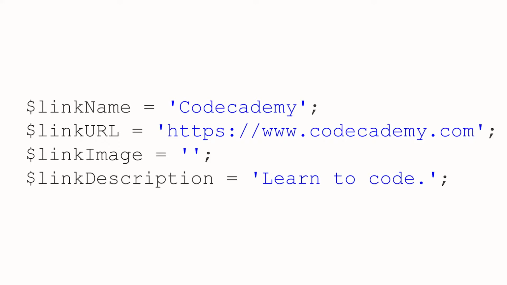Each link will have a name, a URL, an image, and a description. However, some of those pieces of data are missing. So when we output our information, we need to use if statements to make sure that information is there before we output it, or else we're going to get bits of empty HTML content.